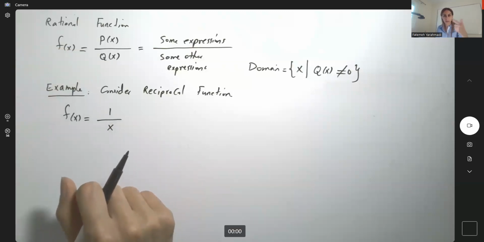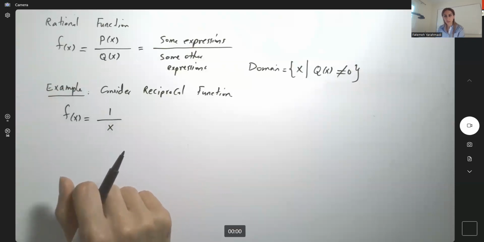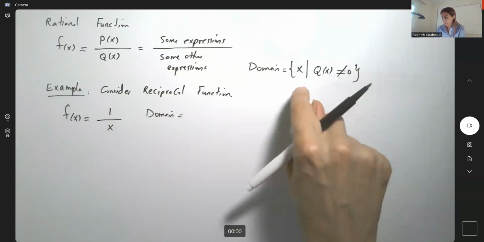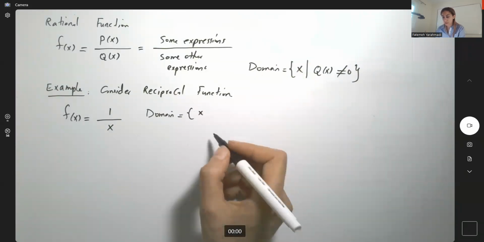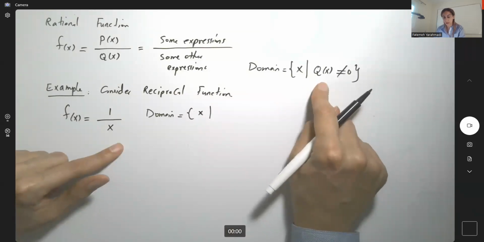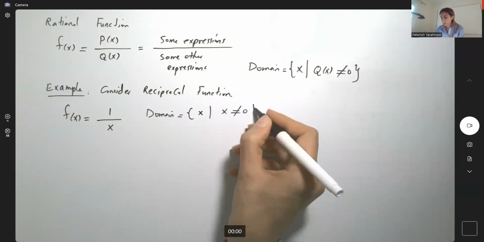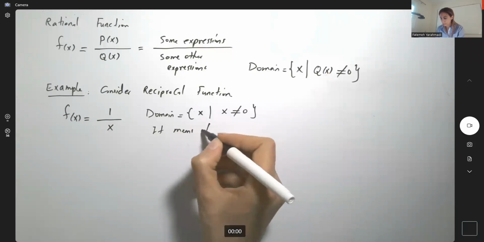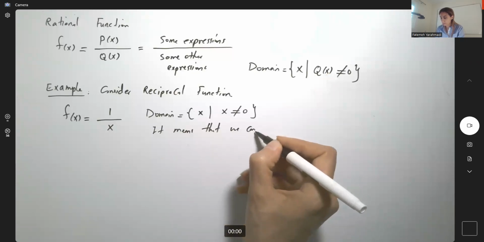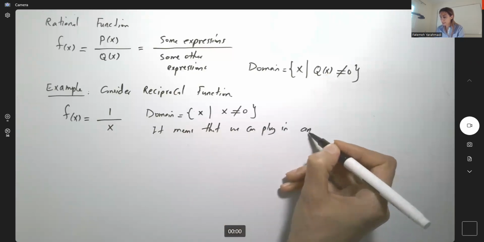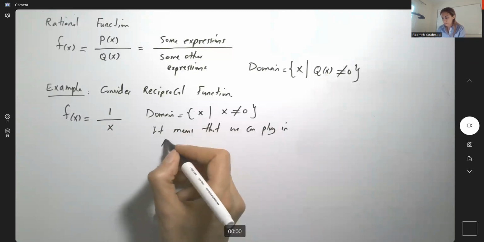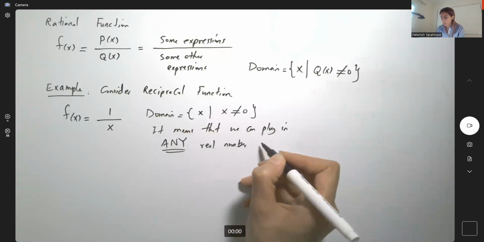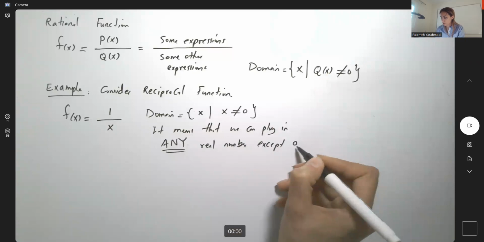Remember, when we're talking about a function, we talk about the domain, the graph of the function, and so on. So the domain, based on the definition, is the set of all real values such that the denominator is not 0. x cannot be 0. What's the meaning of that? It means that we can plug in any real number except 0.